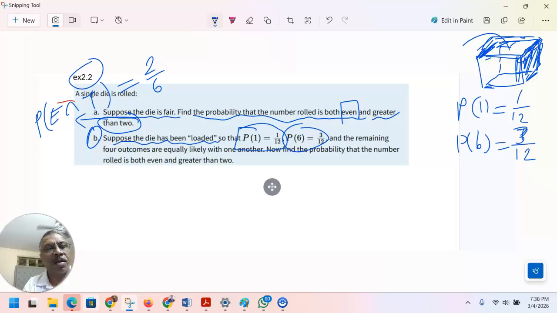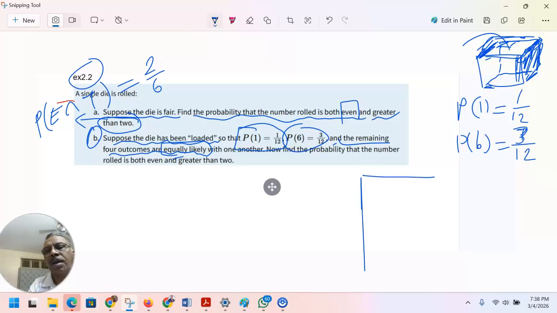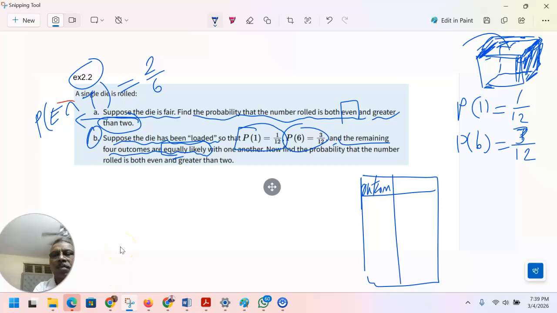Now, the remaining 4 outcomes are equally likely, which means they have the same probability. I can create a table like this and write down the outcomes and probabilities.